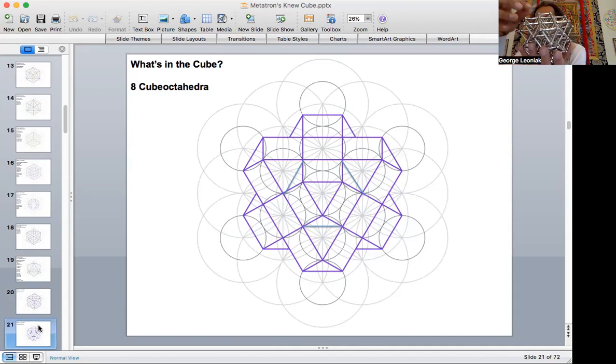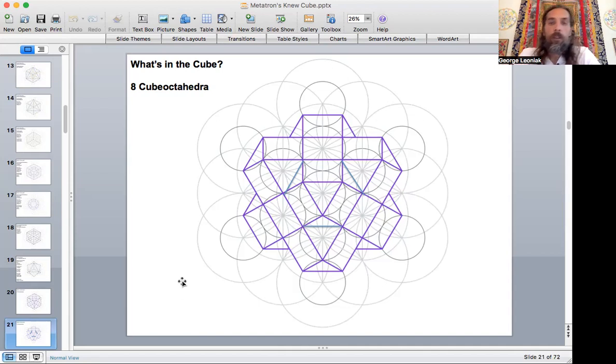The reason this is easy to make, and I'll try to show you this at the end, is because everything's equal length and dividing into thirds along that length. This is that central cuboctahedron. So this is 8 cuboctahedrons, and inside it is going to have a star tetrahedron and an octahedron in the middle of it. I will show that at the end, as long as it doesn't collapse before I get there.